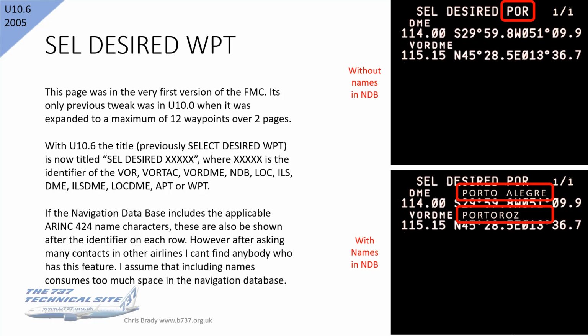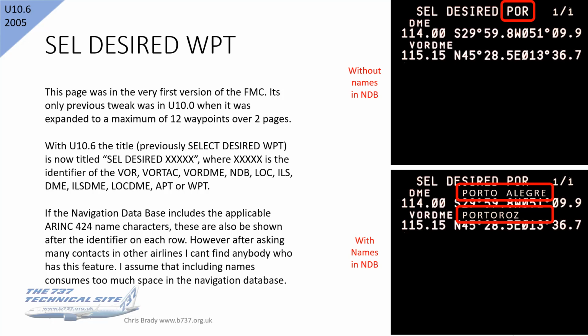Now, the second change that was brought in is what's shown in the photograph, and I have to confess this is a mock-up, and I hate doing mock-ups of photos. I always like to give you an original, genuine photo, but I couldn't find one. Although the feature was introduced in 10.6, I have reached out to so many people who fly the 73 for other airlines, and nobody had this feature.